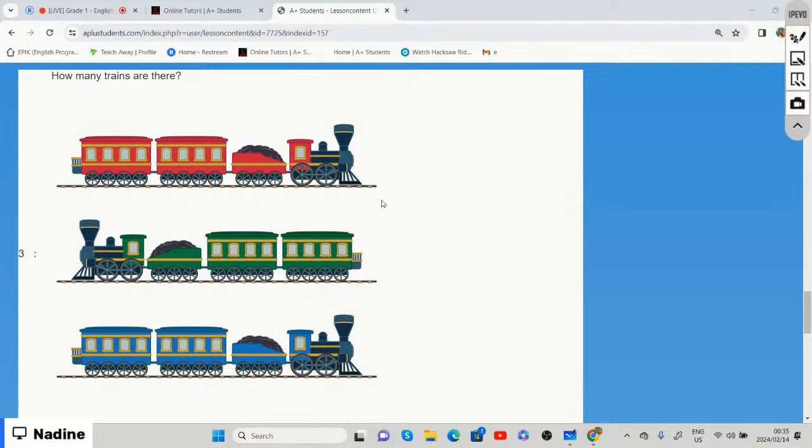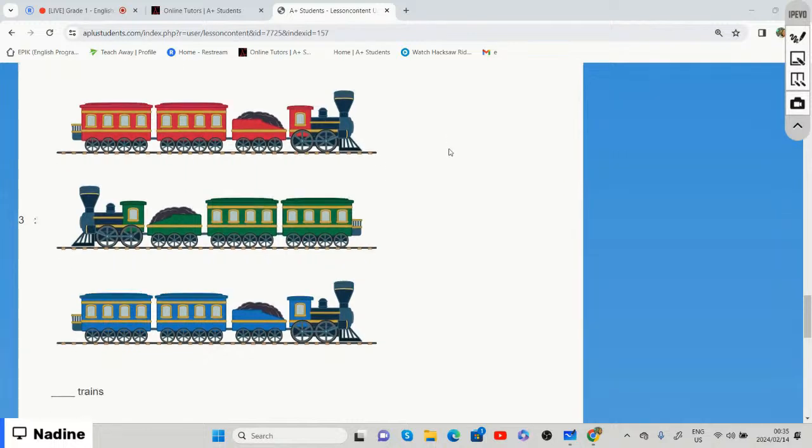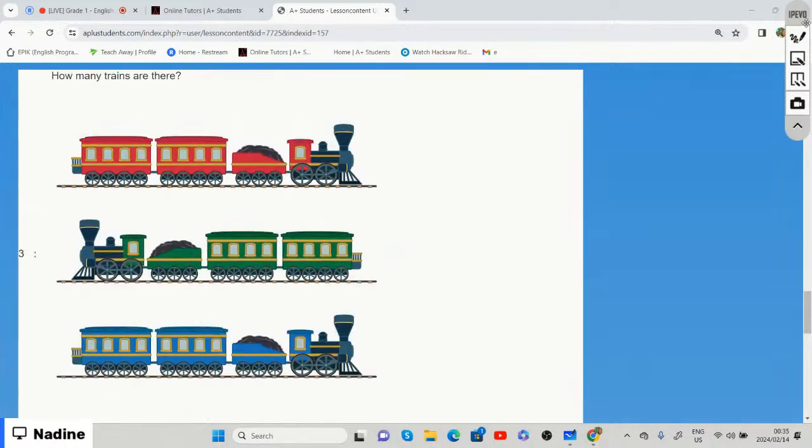All right, and if we ask ourselves how many trains there are, then we will say there are three trains.